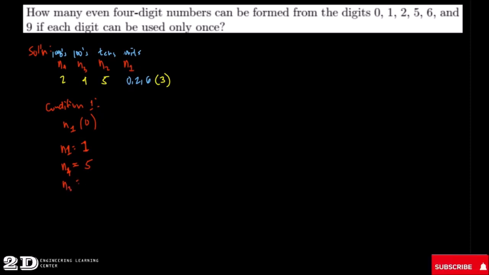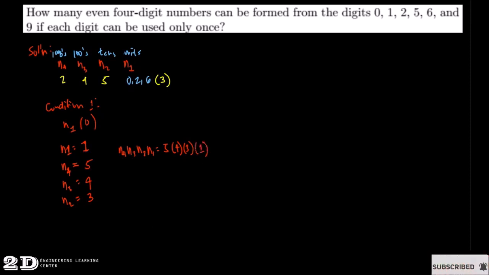Then for N3, we have 4, and for N2, we have 3. So now we will form our 4-digit number. So we have here 5 times 4 times 3 times 1.